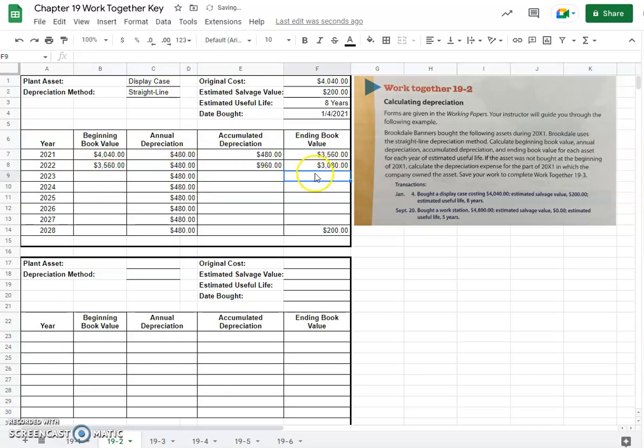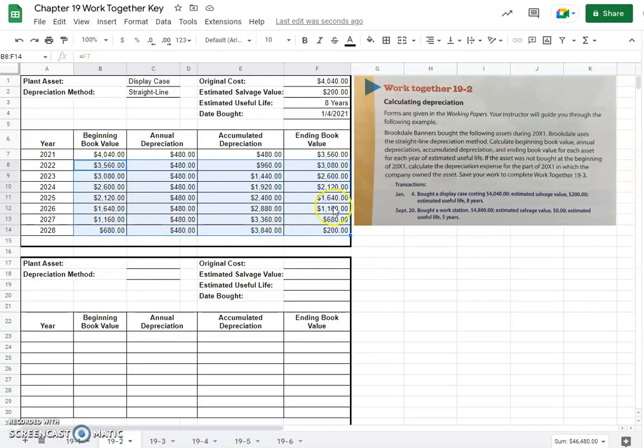So now we have our formulas in each of these columns, right? So we should, in theory, just be able to select them all and drag them down and end up with our $200 salvage value.